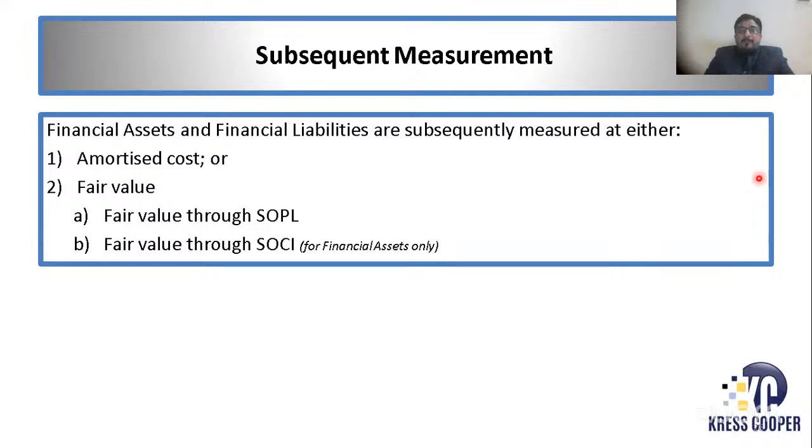The fair value through profit or loss is fine. The difference will be taken to profit or loss. But fair value through OCI doesn't mean that in fact the difference we are taking to OCI; it means the difference we are recognizing in the equity through the corridor of OCI.